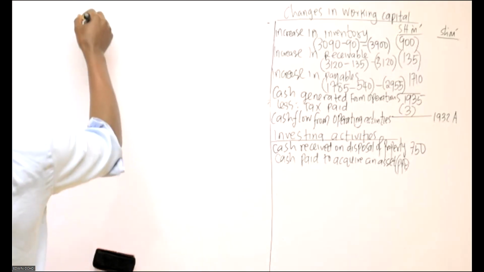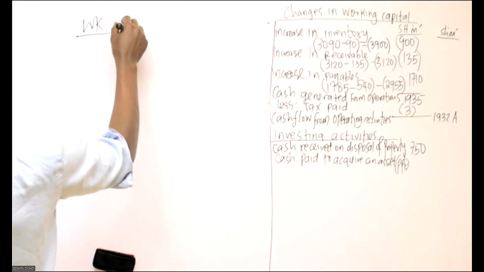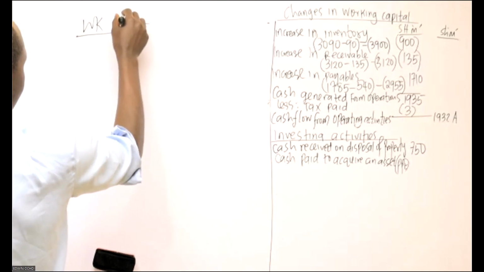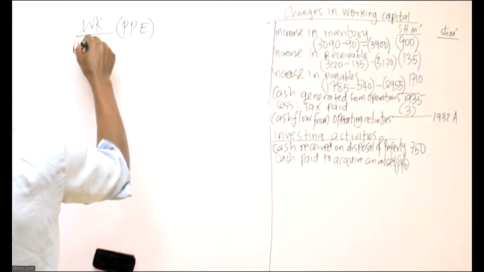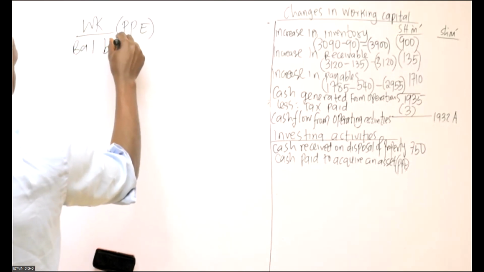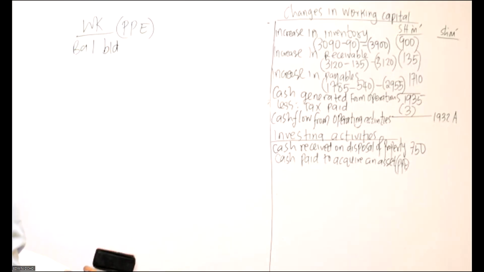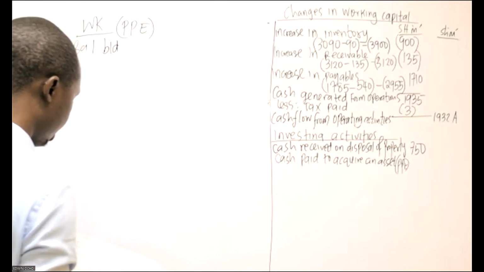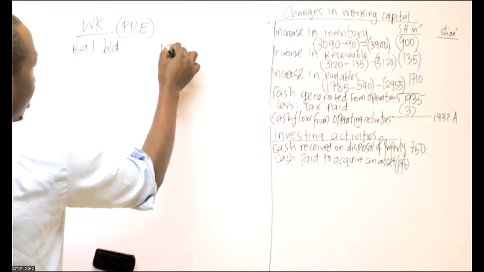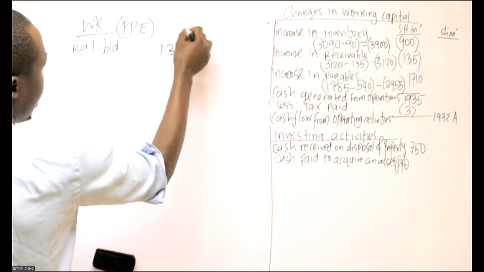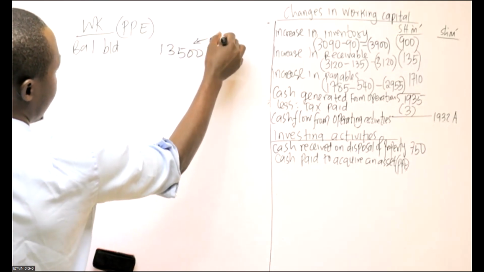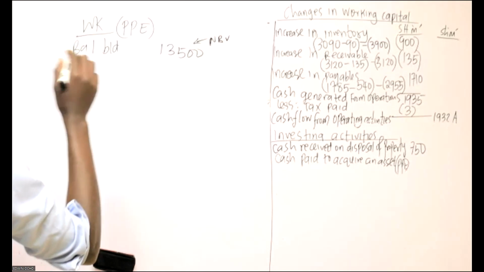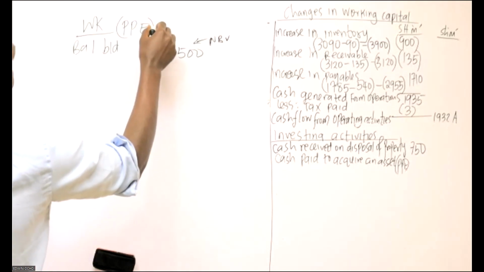So I will do a working on PPE. I will start with balance brought down. From the statement of financial position, we have 13,500, but this is our net book value. Now I would check anything affecting property, plant, and equipment.